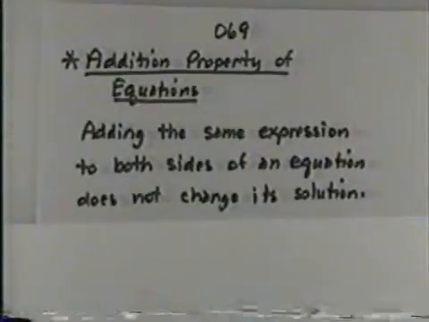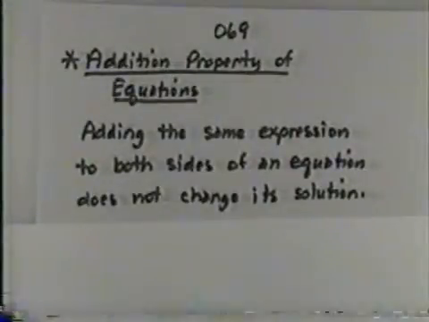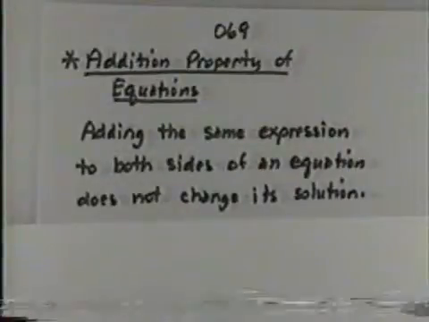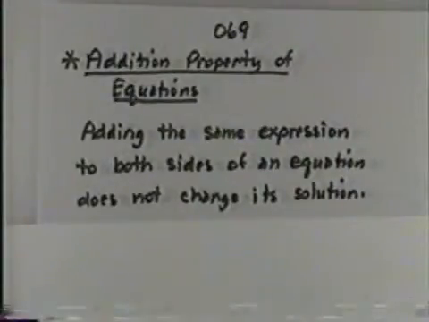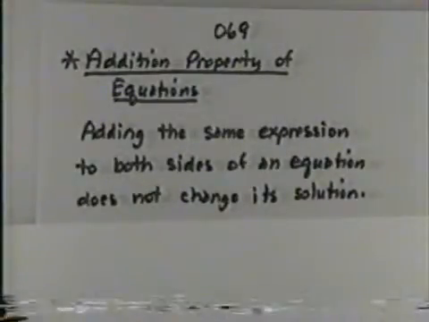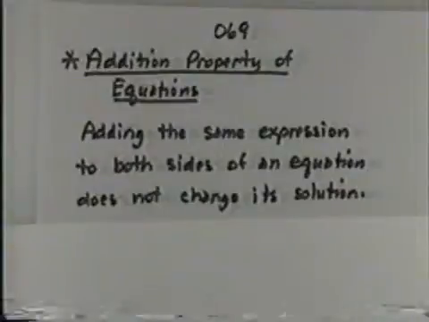This says, adding the same expression to both sides of an equation does not change its solution. We can add the same thing to both sides of the equation, and the solution remains the same.